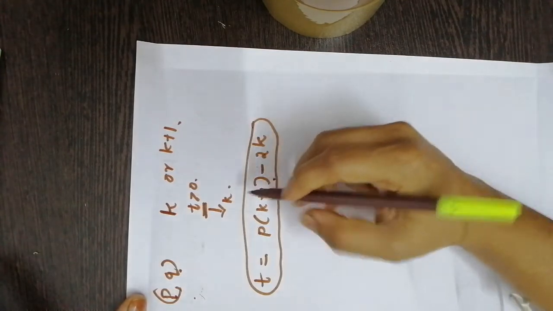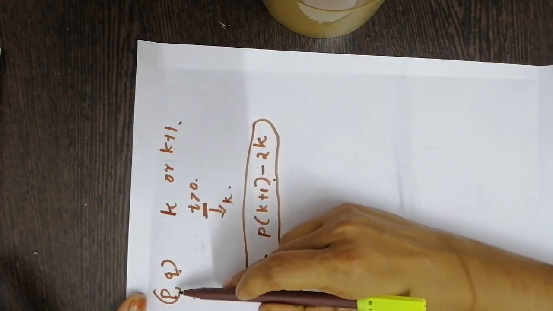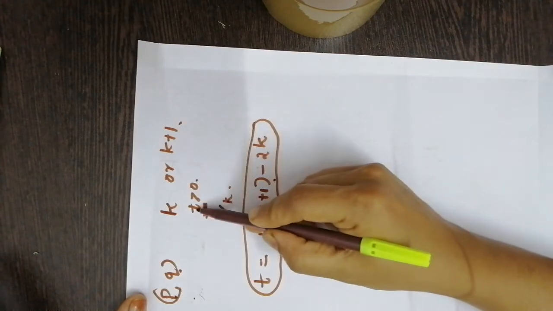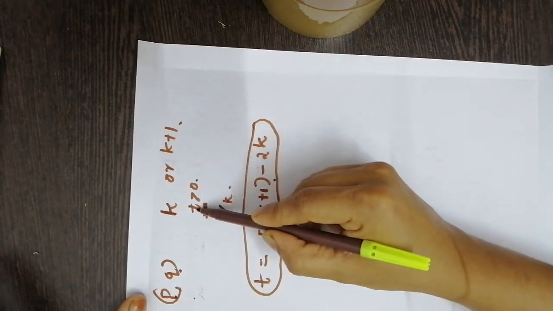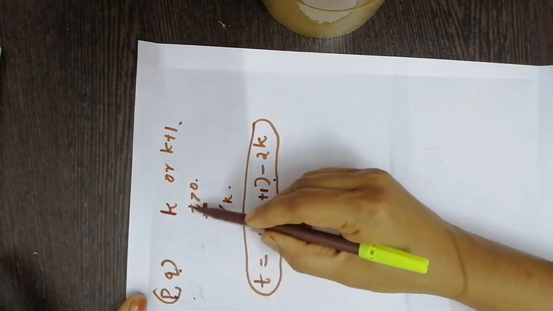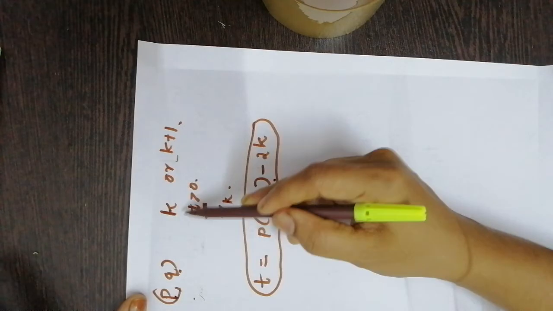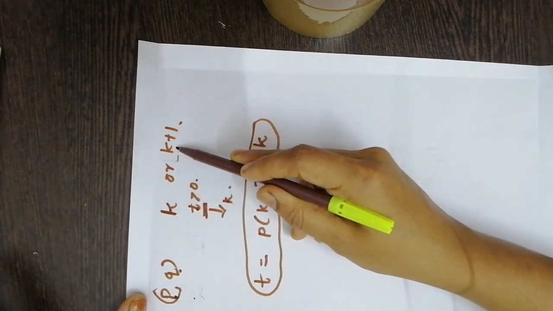Given that t points have degree k, how many other points are there? P minus t, since there are total p points. T points have degree k, so the other p minus t vertices have degree k plus 1.